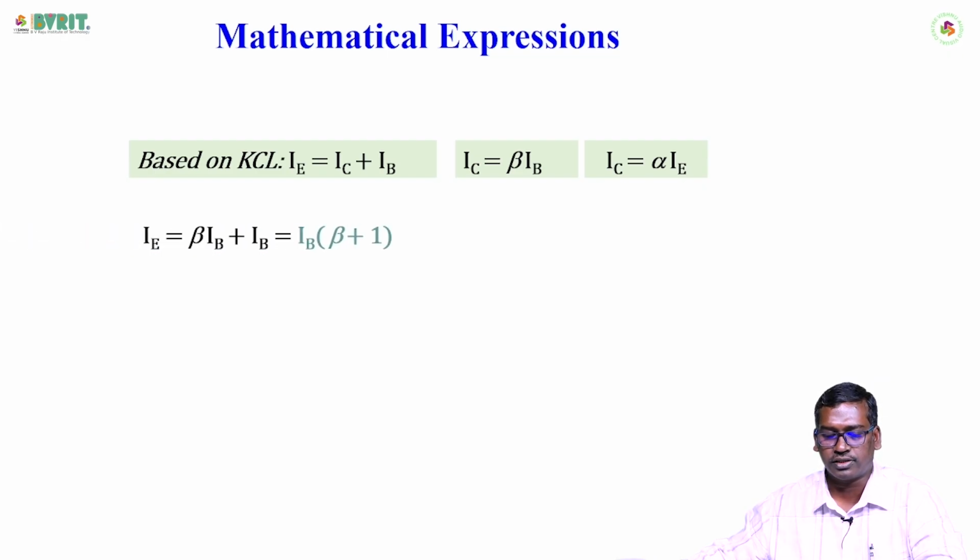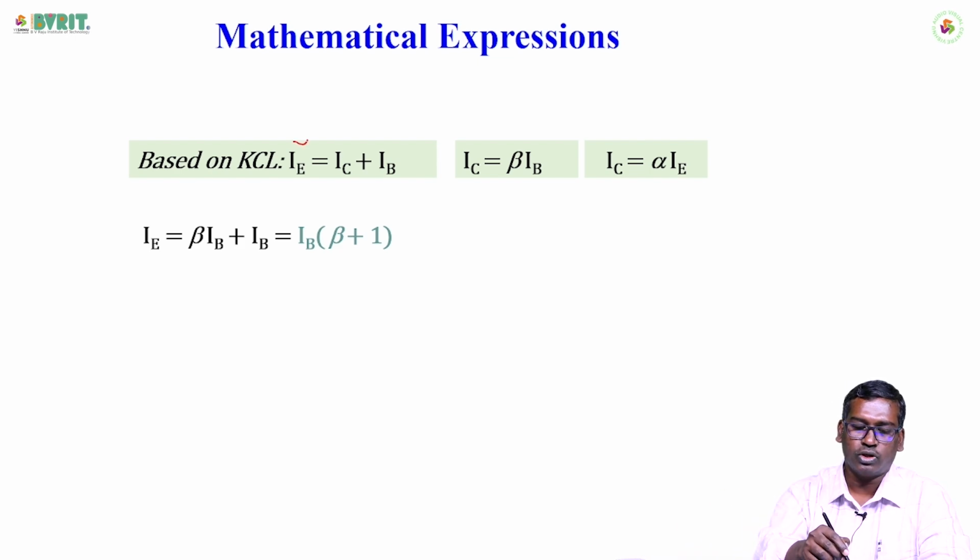If you see the relation between these three, as we have seen that IE is equal to IC plus IB, just we are substituting IC is equal to beta times of IB here.